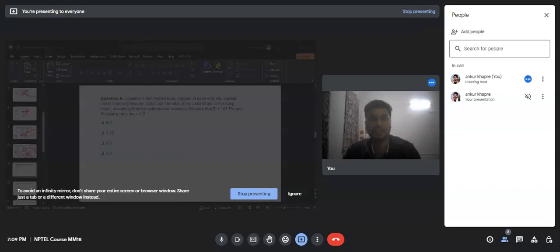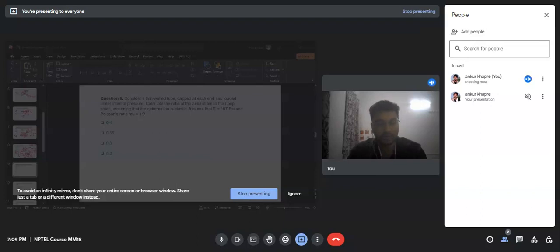Calculate the ratio of the axial strain to the hoop strain, assuming that the deformation is elastic. Assume that A is equal to 10^7 psi and Poisson's ratio is equal to 1 by 3, that is 0.33.